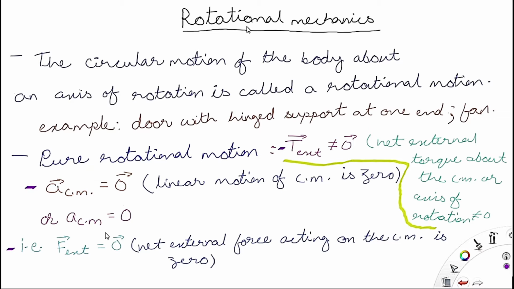Net external force acting on the center of mass of the particle is 0, but net external torque acting on the system is not equal to 0. Means the particle will be facing torque or torsion which will be giving it a rotational motion. So pure rotational motion means only circular motion and no linear motion.